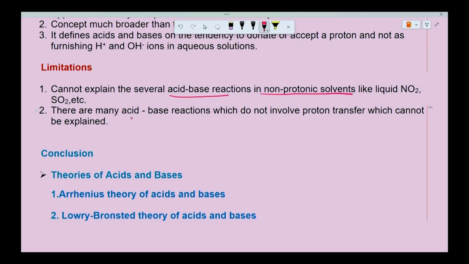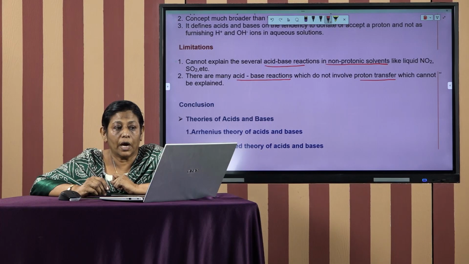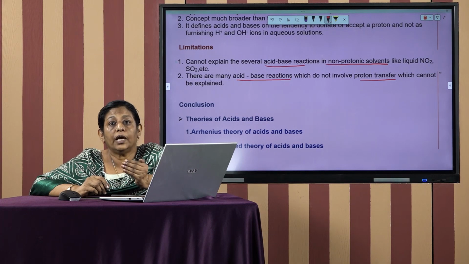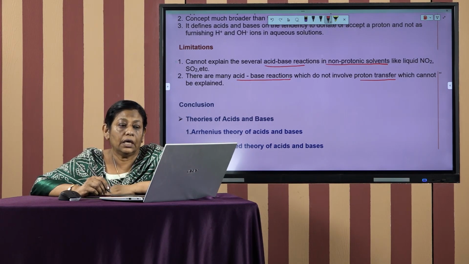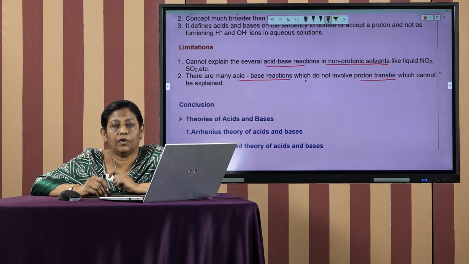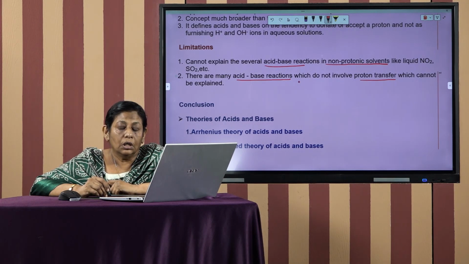And also it cannot explain many acid base reactions which do not involve proton transfer. Why? Because there should be a proton donation or acceptance to define a substance to be either an acid or a base. In this case, we do not have protons involved. Such acid base reactions cannot be defined based on this Lowry-Bronsted theory.